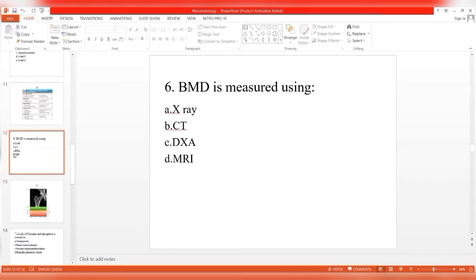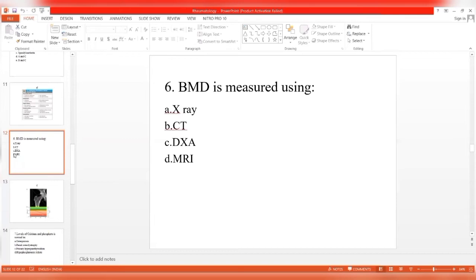And D is MRI, magnetic resonance imaging. So the question is, what is the importance of BMD, how we can measure it, and which investigation helps us to measure bone mineral density? So the answer is C, DXA, dual X-ray absorptiometry, which helps in the measurement of BMD. So already we have told about X-ray.